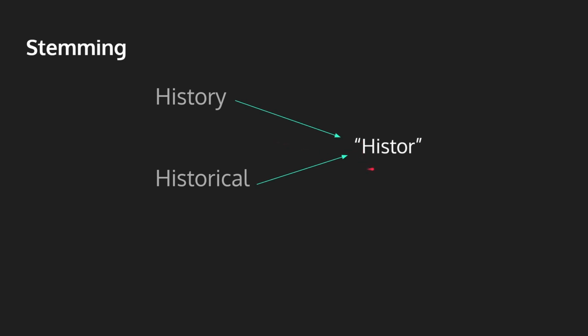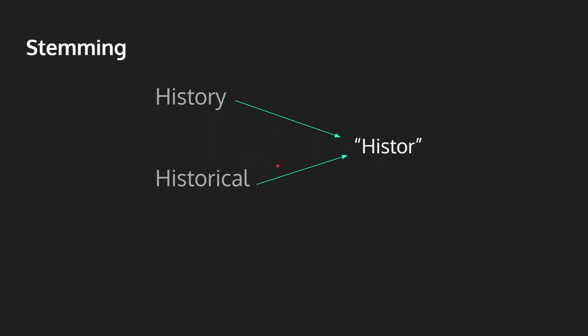Let's say we have these two words, history and historical, and in our case, let's say they mean the same thing, even though in certain contexts they might mean different things. Here we can apply stemming and we get the word histori, since the stem histori is shared by both of these words.